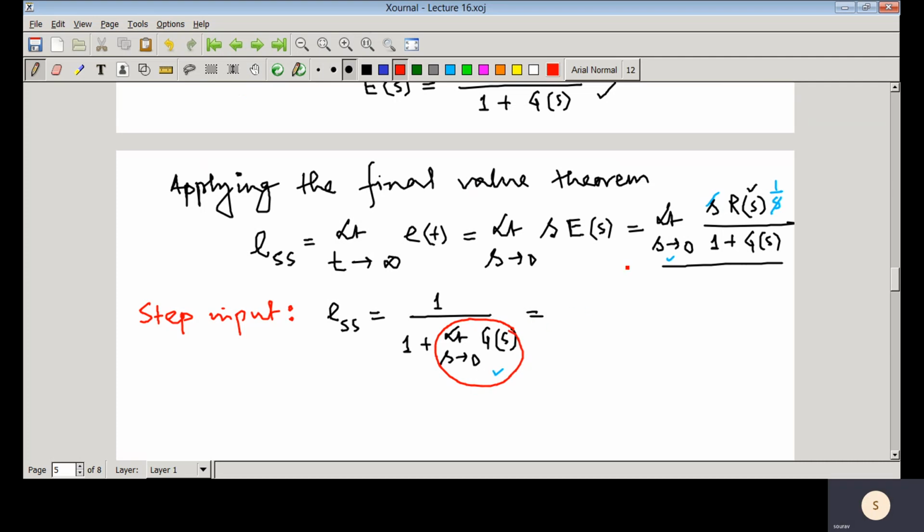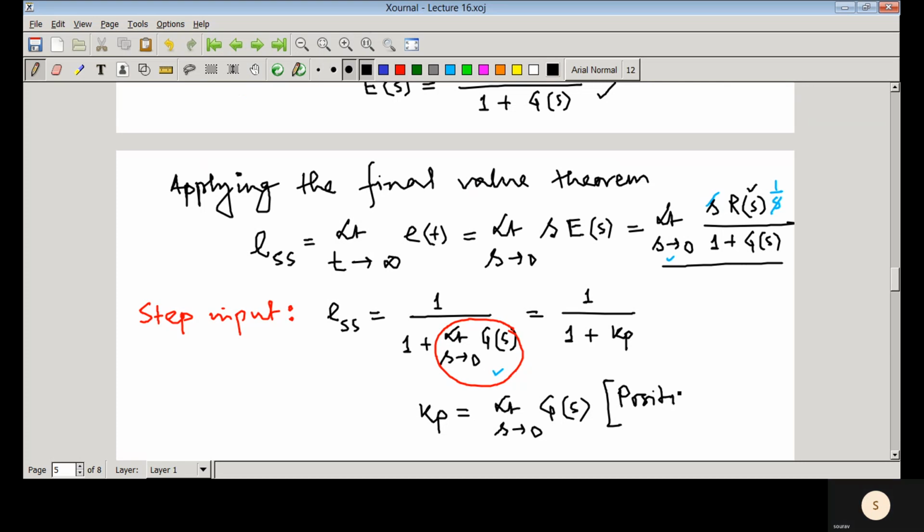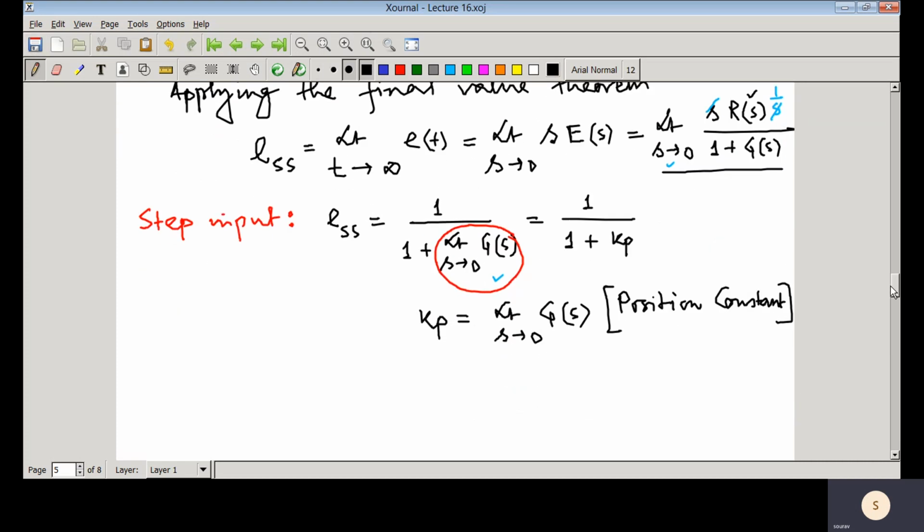So then we are defining this particular term as Kp. That means here we can write 1 plus Kp. So here Kp is defined as limit s tends to 0 of G(s). This particular term is called position constant.